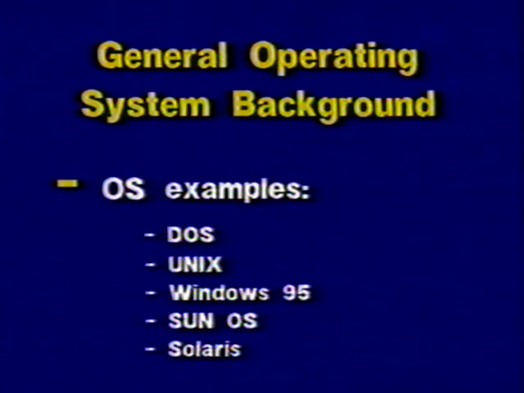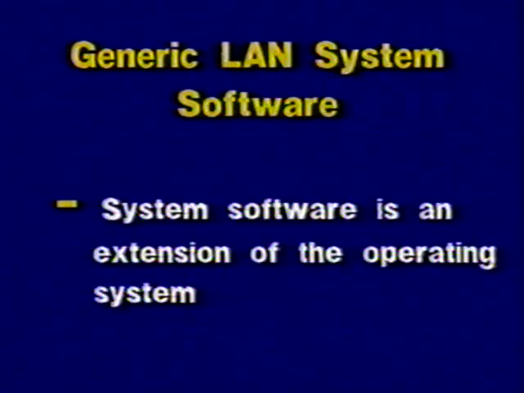Now let's talk in a little more detail about LAN system software. Generically speaking, the LAN system software is an extension of the operating system. Basically, it provides additional functionality to facilitate the use of the local area network. Now, the local area network you can think of as just being a peripheral device, much like a printer or an external disk drive or a modem.